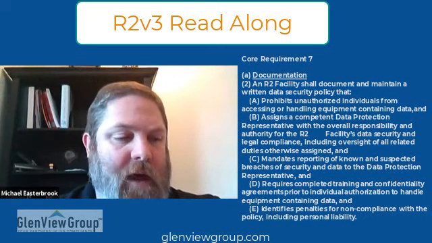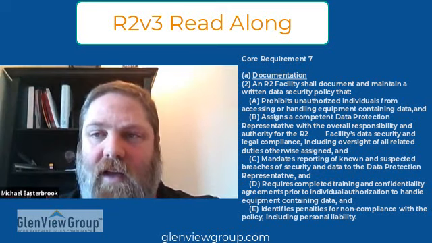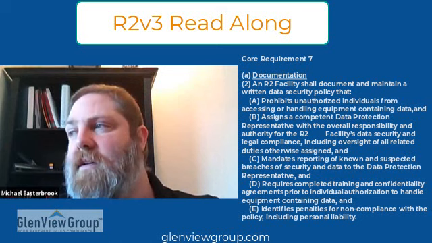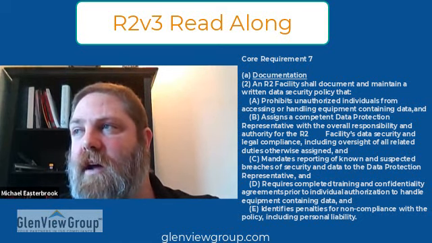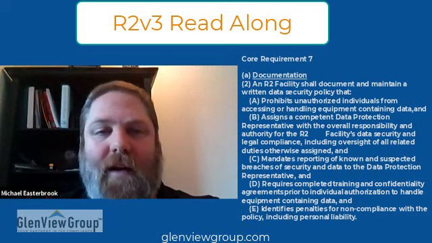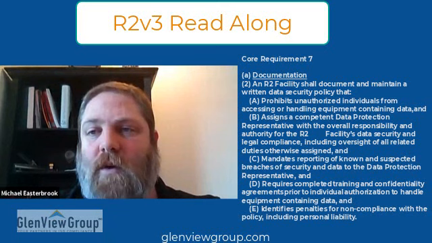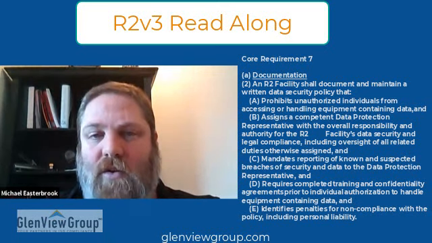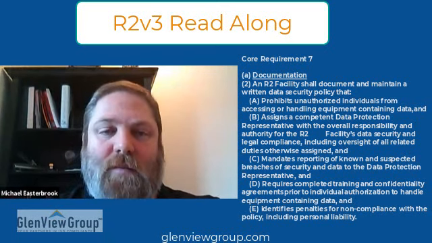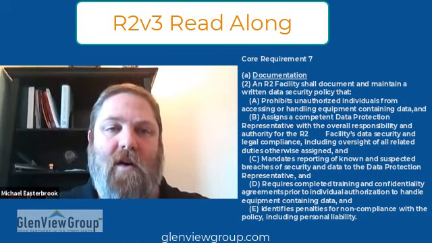People have an environmental health and safety policy, and they have a policy for managing used electronics in accordance with the R2 hierarchy. So this is adding another policy here that wasn't required previously under R2 2013. Now you have to specifically have a data security policy that calls these things out.